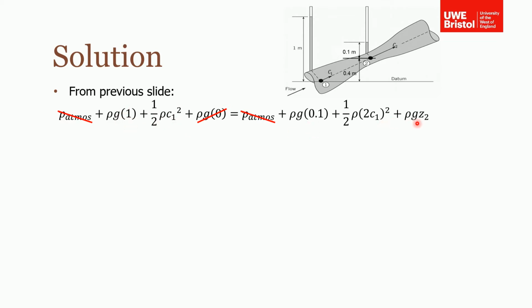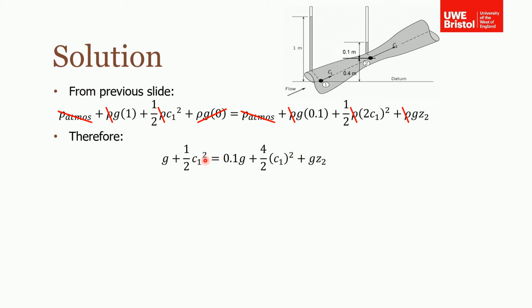Now we weren't actually given the density of the fluid in the question, and you can now see that we don't actually need to know it, because if we divide every term through by density, all those terms disappear. So we now end up with G, half C1 squared, 0.1 G plus a half 2C1 all squared, and obviously this GZ2 term.